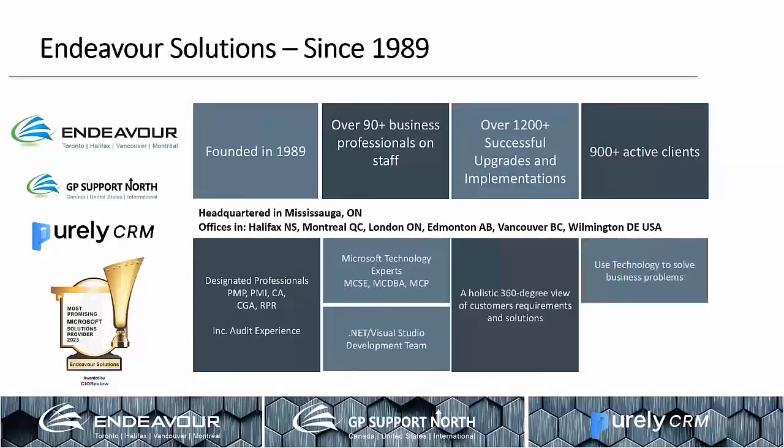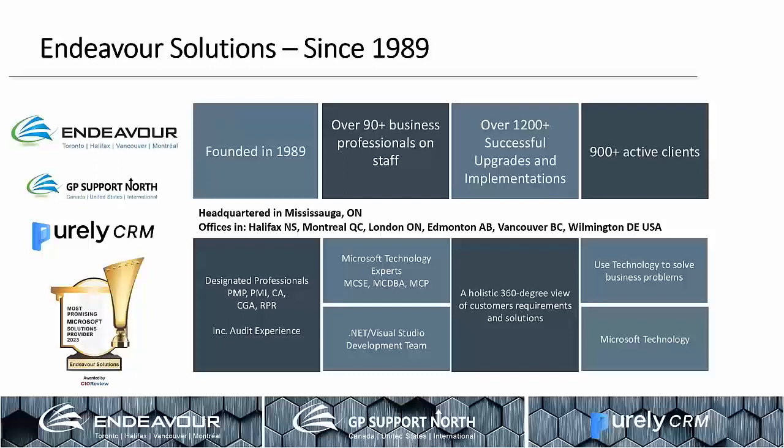So as we come towards the wrap-up, just for those that are new to Endeavor, we're now 35 years old, with over 900 clients, 1,200 upgrades and implementations across Canada and across the U.S. Growing team coast to coast, all the way from Halifax to Vancouver and British Columbia, East Coast to Pacific time zone, and all points in between.